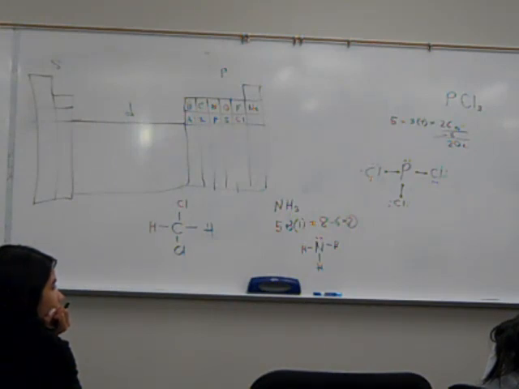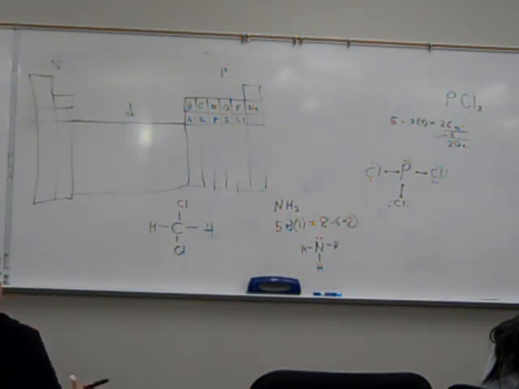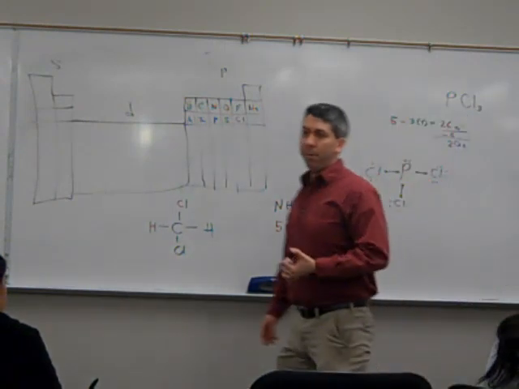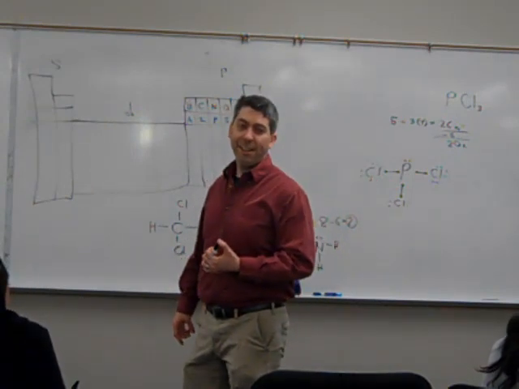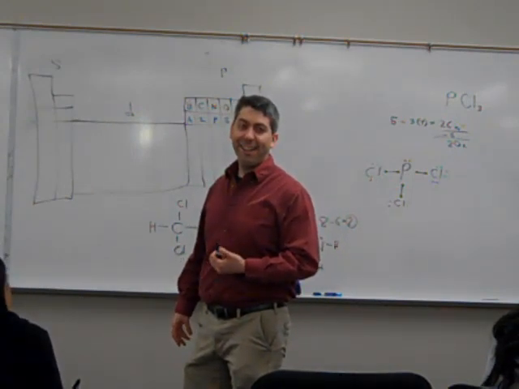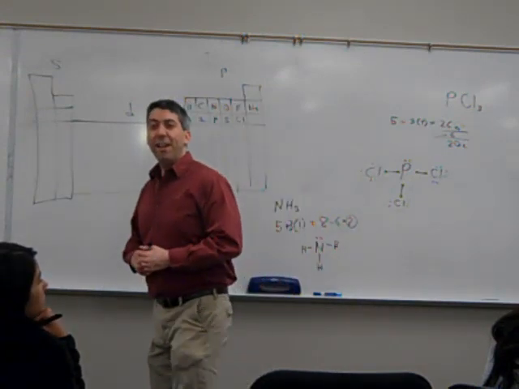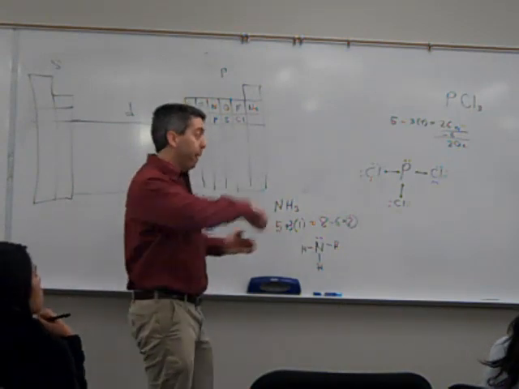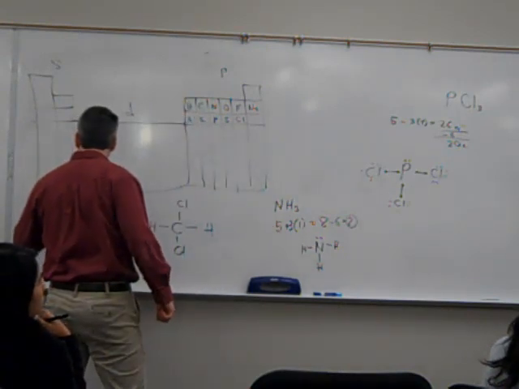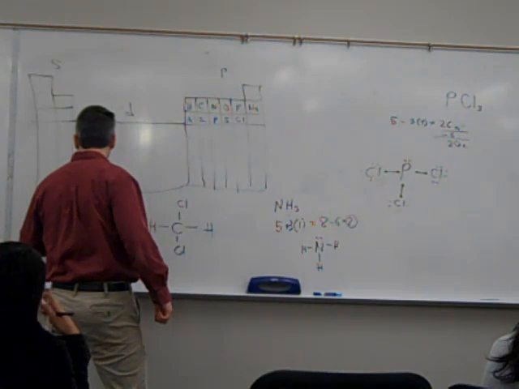What about BH3? This is one of those exceptions that professors like to throw at you. You would think it would be polar because it's similar to NH3, right? But boron is actually an exception to the octet rule.